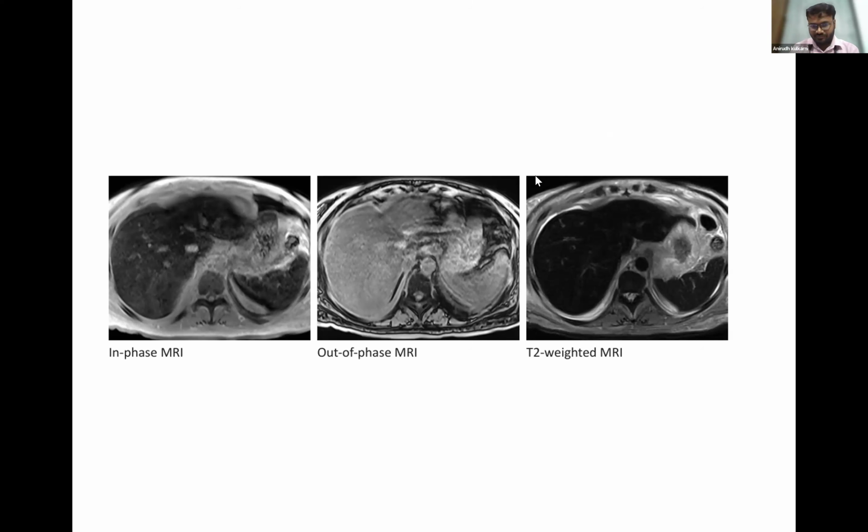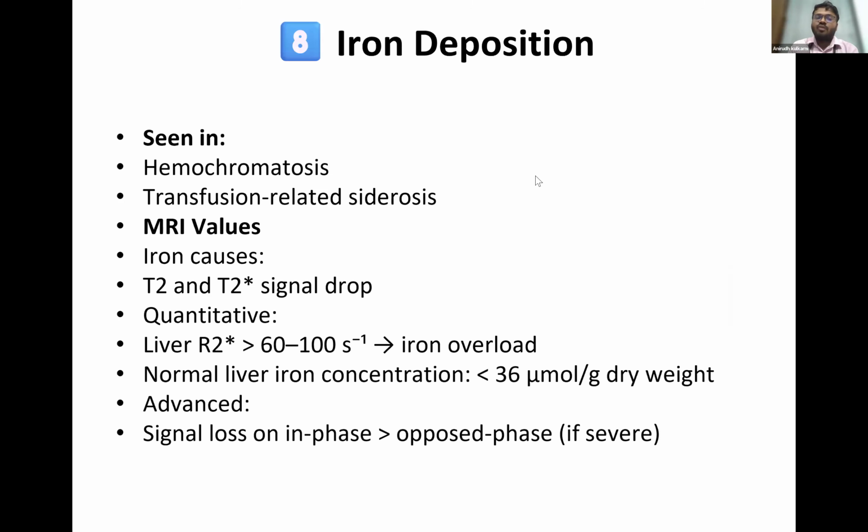Here we can see in phase there is a drop in signal compared to the out phase, and in T2 weighted we are seeing both the liver and spleen as dark. So how do we quantify iron deposition? We take something called T2 and T2 star. If it is 60 to 100 per second, it is called iron overload.